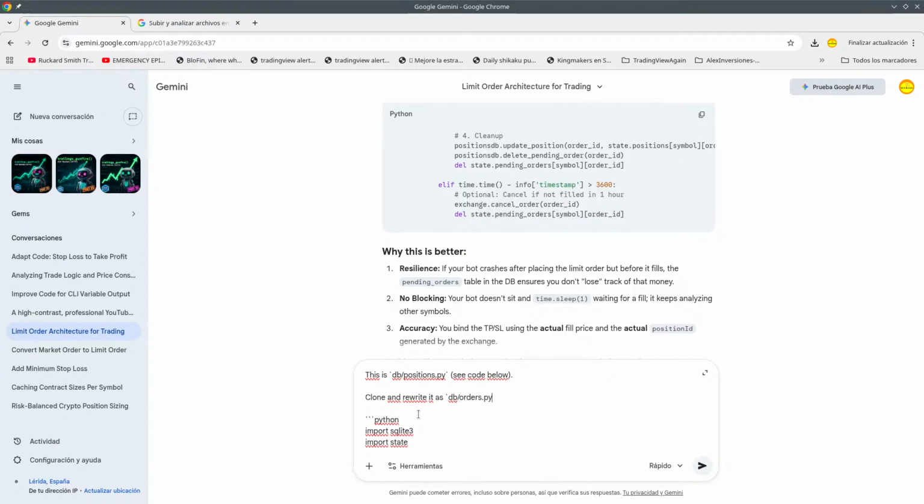So that we can persist orders according to your suggested architecture. Clone and rewrite.